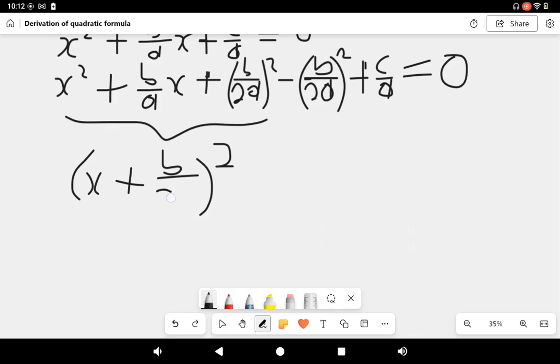Okay, it's 2a, right? Then from here, I'm just gonna move everything else to the right side.